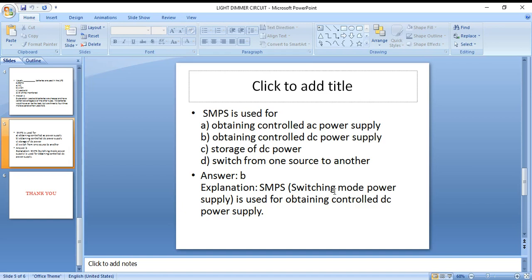Actually, SMPS is used in operations where we require a controlled DC power supply. So option B is correct: SMPS is used for obtaining controlled DC power supply.